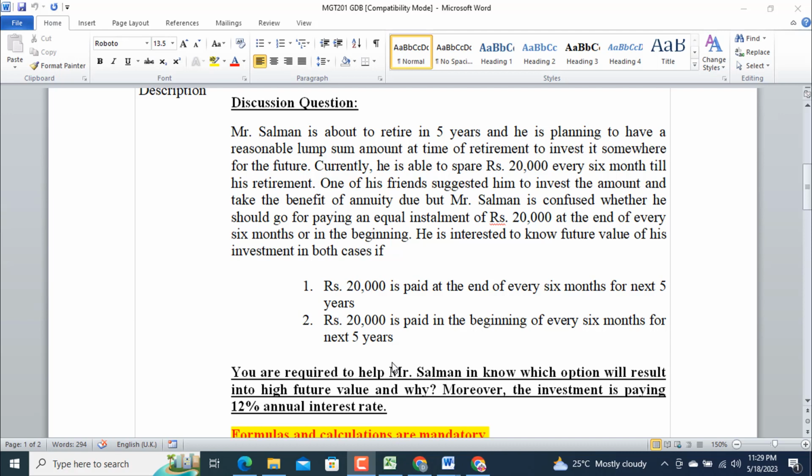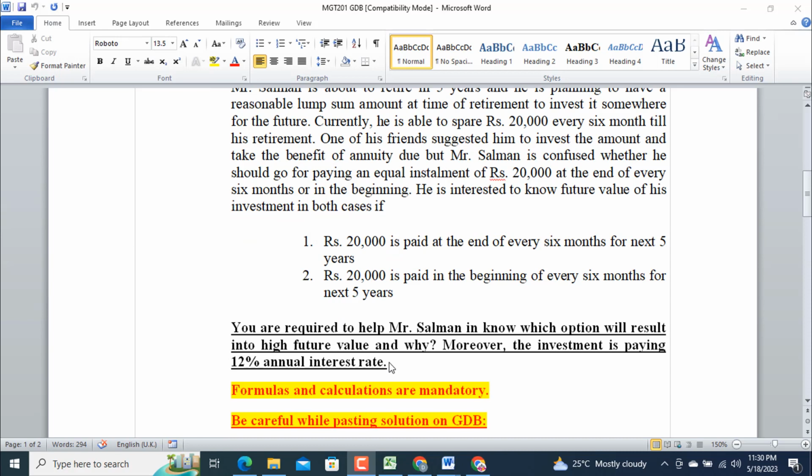His friend advised him to take the benefit of the Annuity Due, but Mr. Salman has become confused between the two situations, either to invest at the beginning or at the end of the 6 months. So you are going to advise him which case is better, at the beginning or at the end, using a 12% annual interest rate.